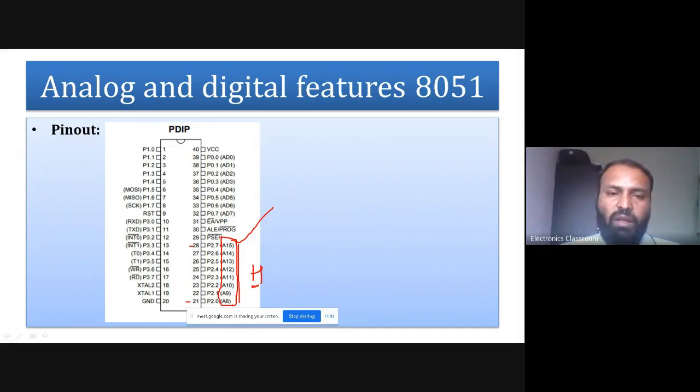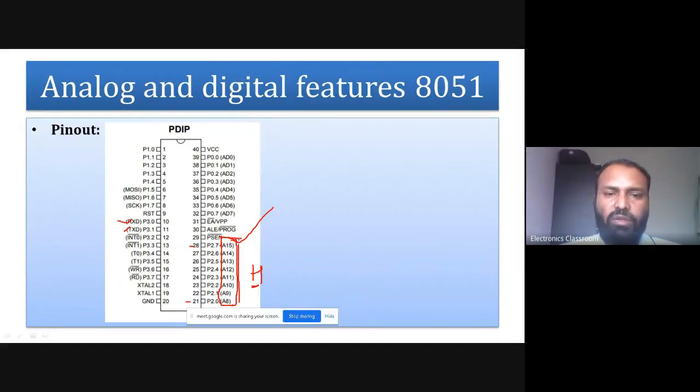For application purposes, all 8 bits are used at the same time. Likewise, in port 3, each pin has its own separate dual function, but in port 2, for the dual function, we need to use all port pins together as an address bus. But in a normal scenario we can use these pins as simple IO pins.